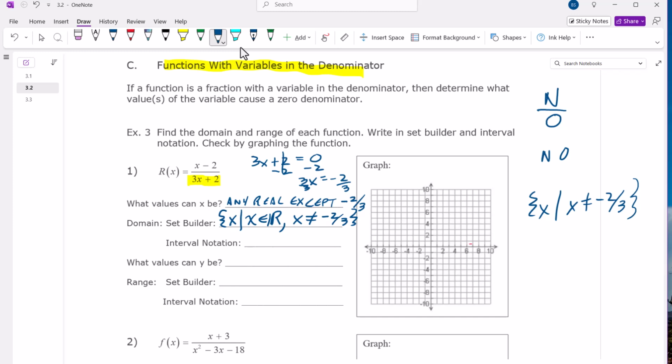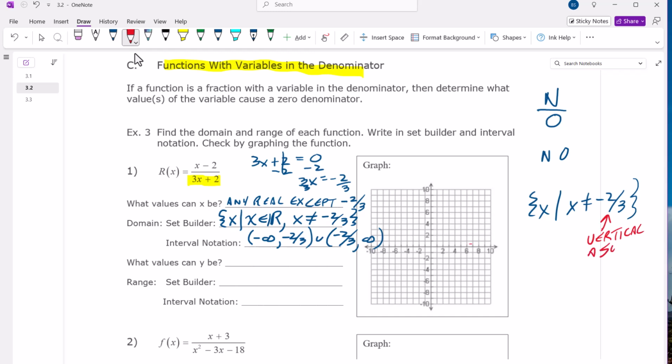So now you have to break it up into two intervals. You have to say everything less than -2/3 and everything greater than -2/3. So you're just saying it's everything else on the number line. You may have learned a little bit of this in college algebra. This is called a vertical asymptote.